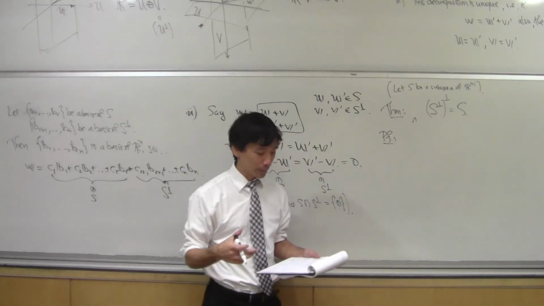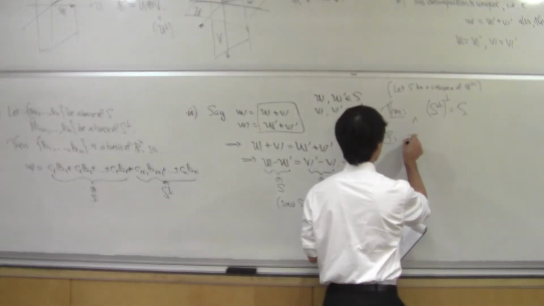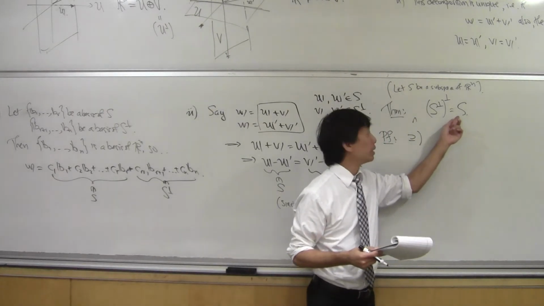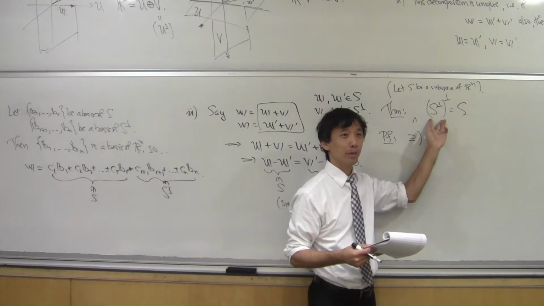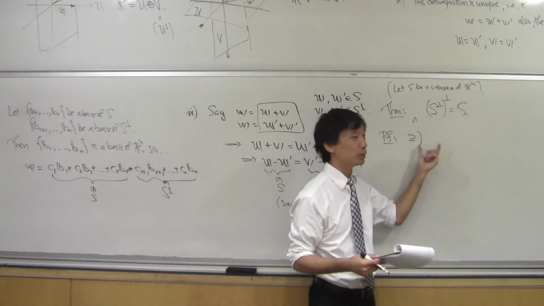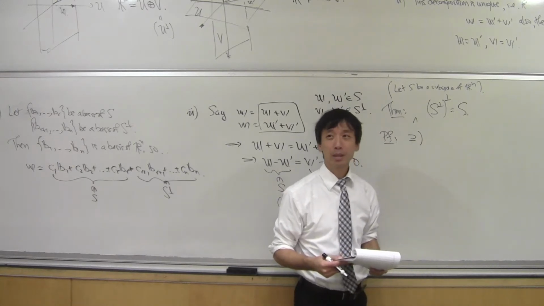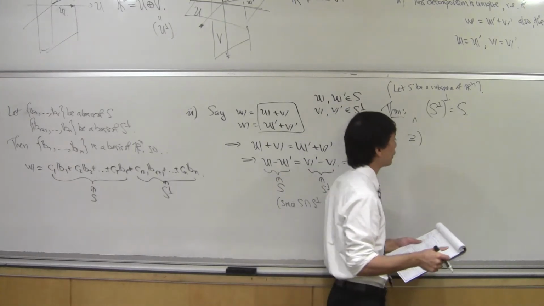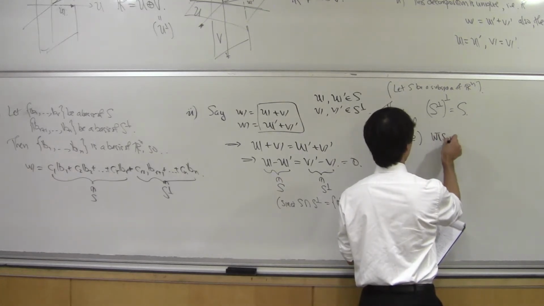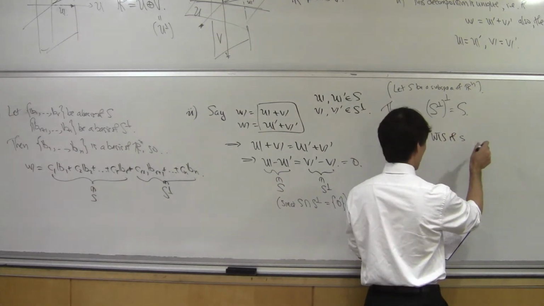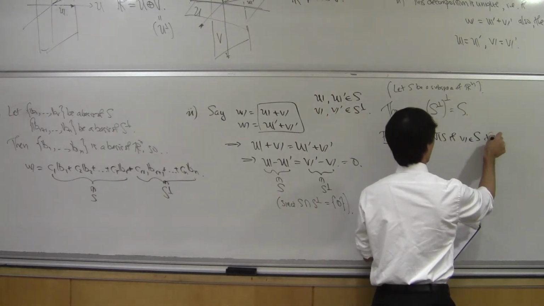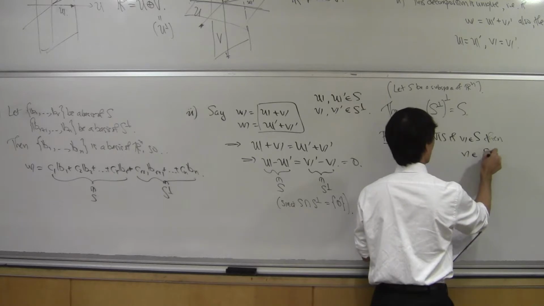So we're going to prove this in two parts. First, we're going to show that if you're in S, then you're in S perp perp, and then we're going to show that if you're in S perp perp, then you're contained in S. So we'll show mutual inclusions. First we want to show that if you have some vector V in S, then V must be in S perp perp.